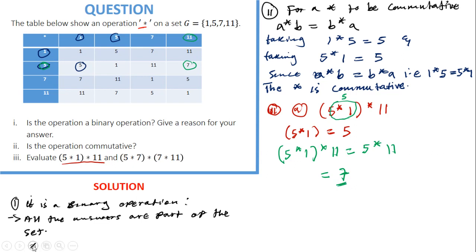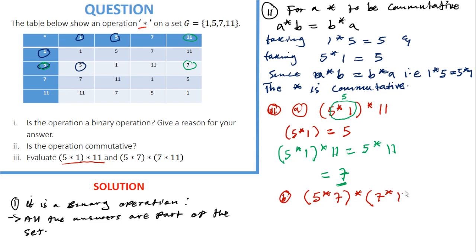So we can quickly work out the last one, which is B. In this case, I'll put it as my B of number 3. So this one, we have (5 star 7) star (7 star 11).